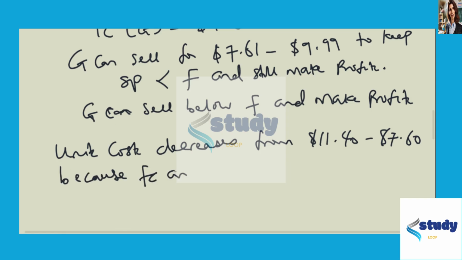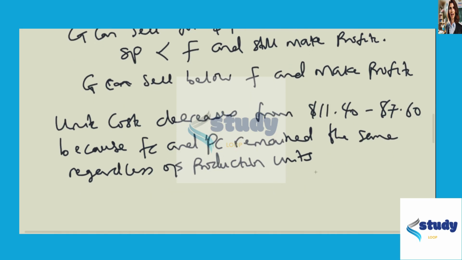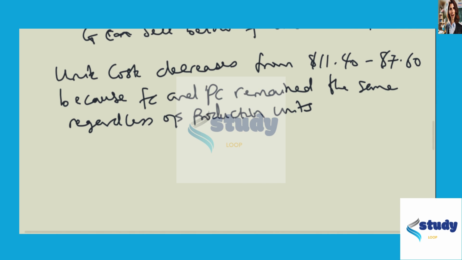The fixed cost and the period cost are spread over a greater number of units, that is 10,000, as compared to 5,000 earlier.